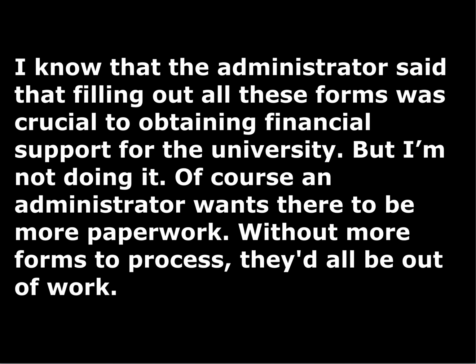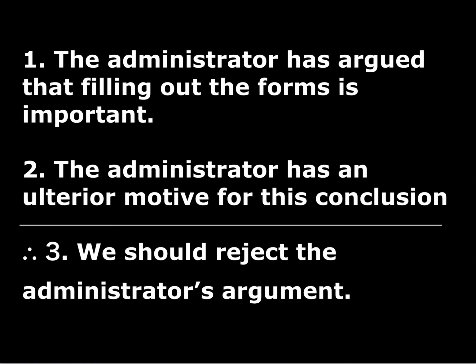And here's one way that I think to understand what is going on. Again, in the next video, we'll be talking about this more. Something like this. Premise 1: The administrator has argued that filling out the forms is important. This is just telling us about the administrator's argument. Premise 2: The administrator has an ulterior motive for this conclusion.